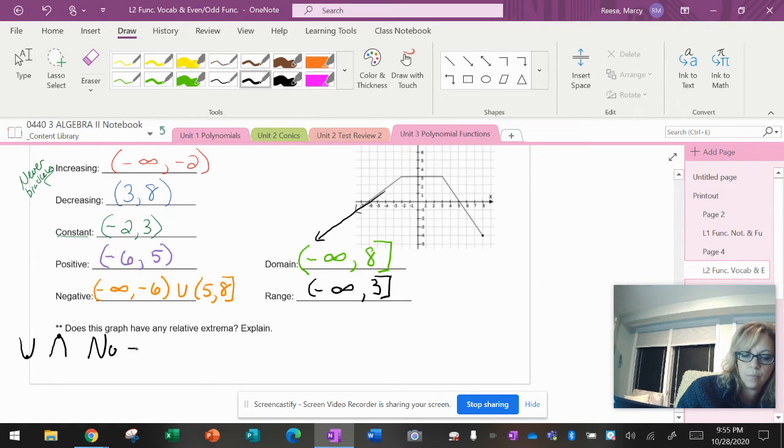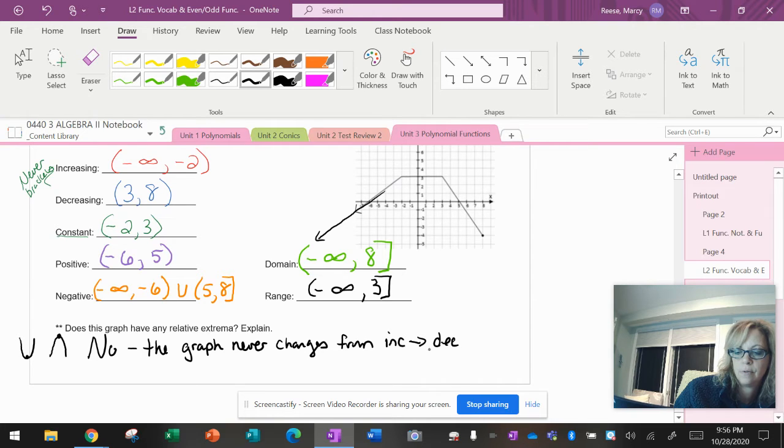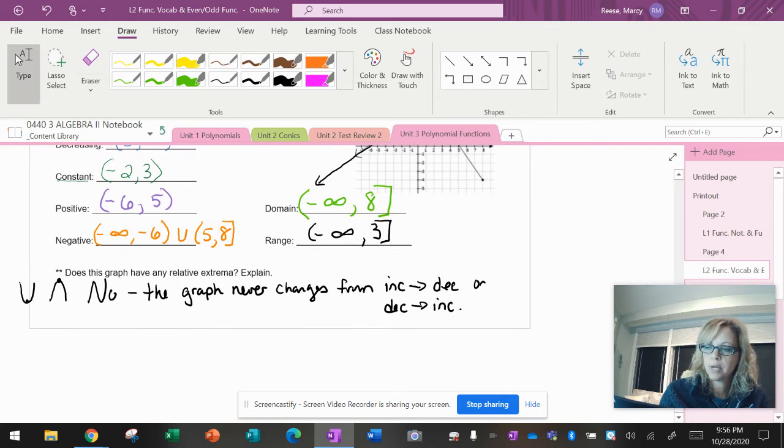So no, the graph never changes from increasing to decreasing or decreasing to increasing. It has to actually have a hump. So when it goes from increasing to a constant, that's not extrema. Okay? So let's go to the next page.